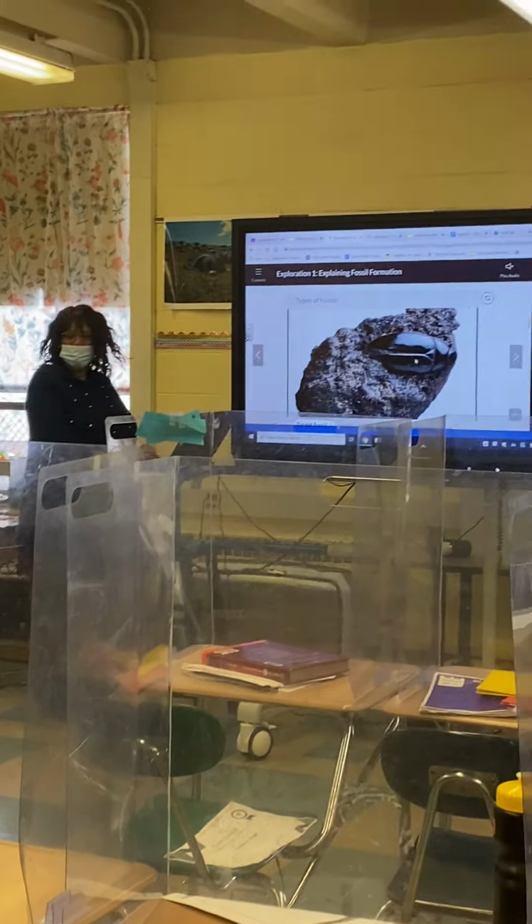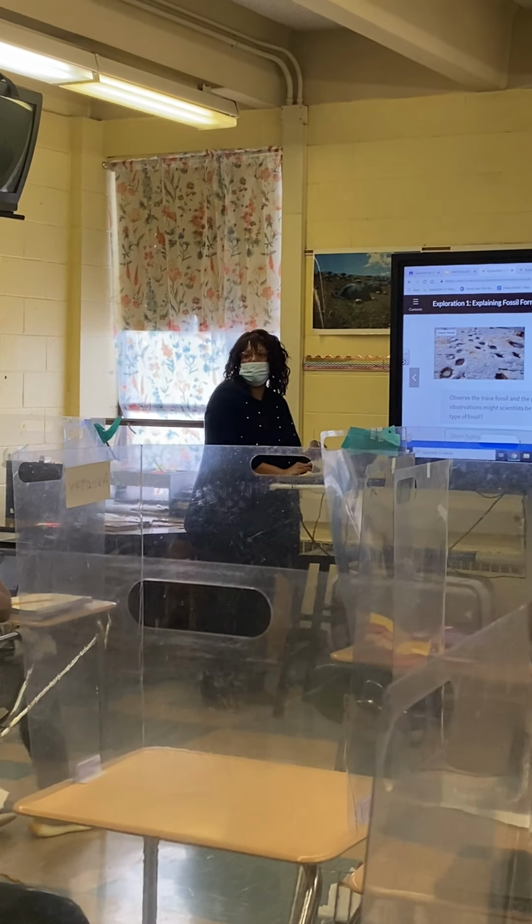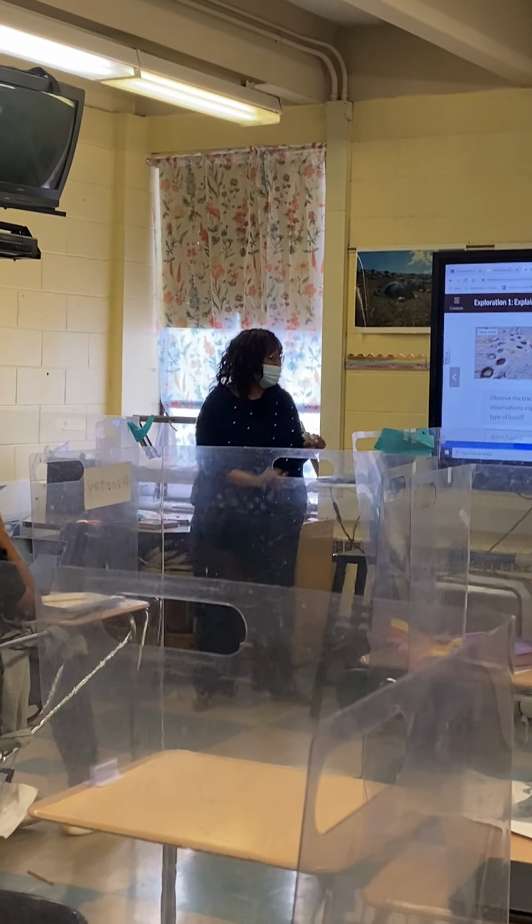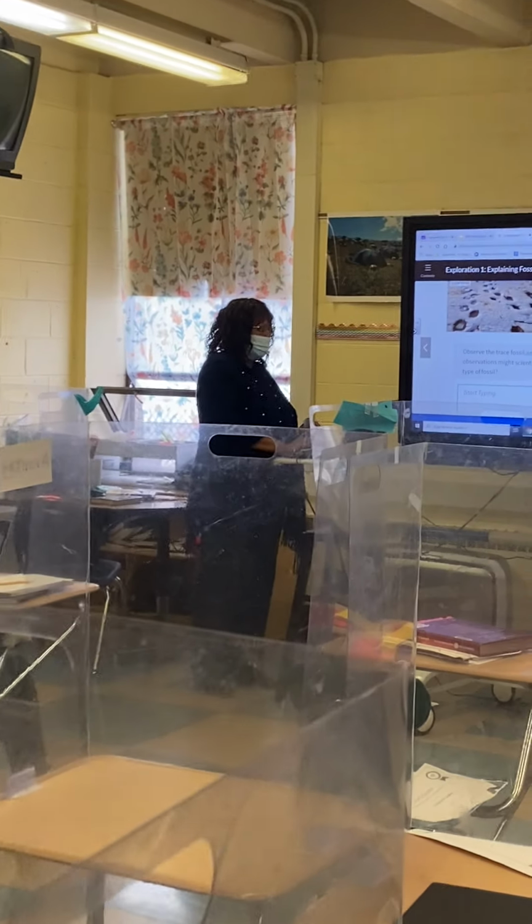And so this is a question that you guys could observe, the trace fossil and the permineralized fossil. What observations might scientists be able to collect from each type of fossil? So can you guys answer this individually on your own? Even if you don't write it in right away.